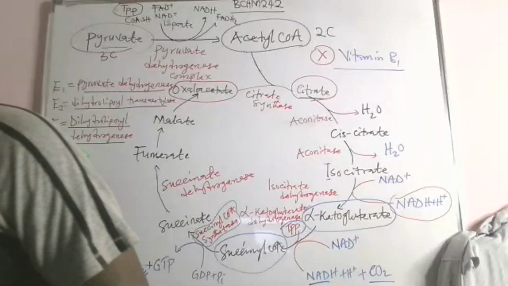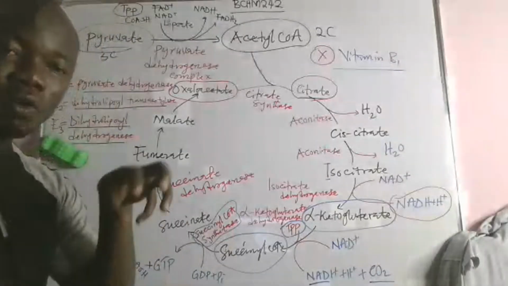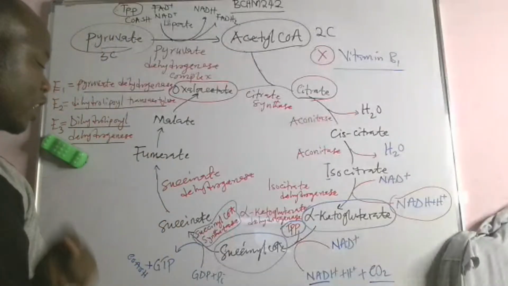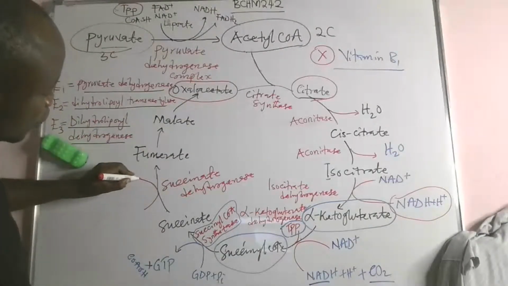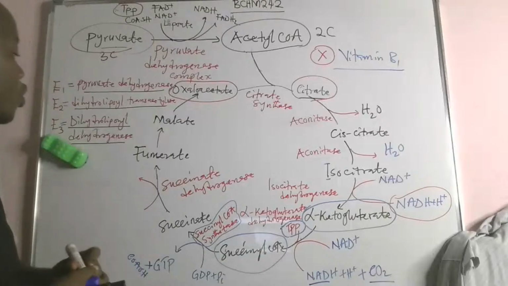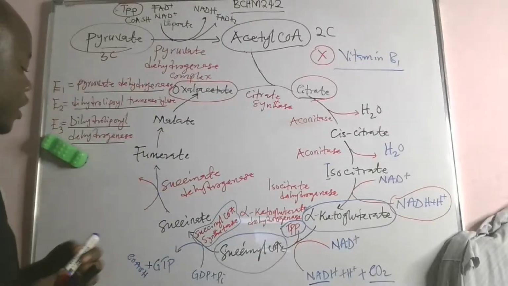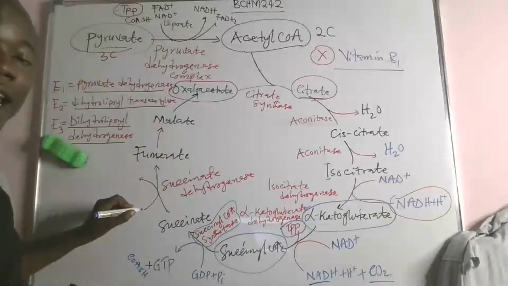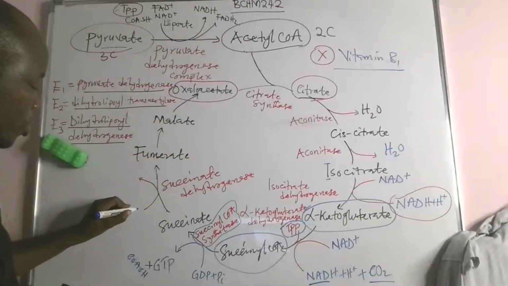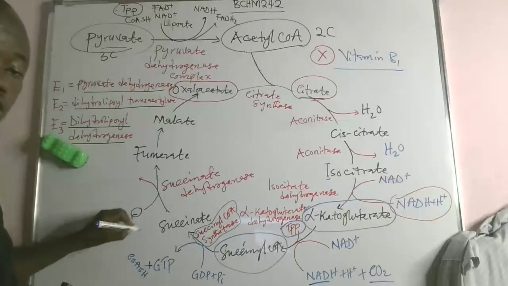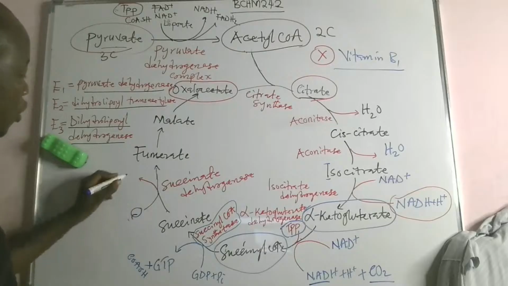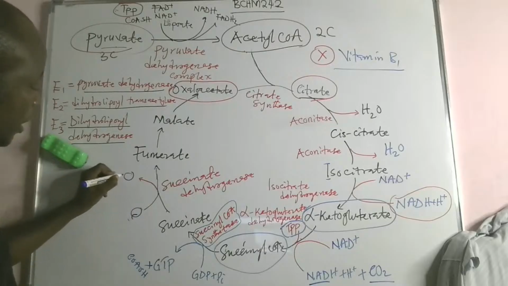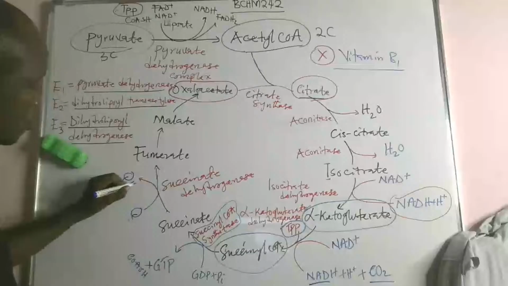But I want to say something also here, very important, that you should never forget, because that is part of the things that we are going to do when we come to discuss the electron transport chain. At this point, the conversion of succinate to fumarate requires the work of an electron mobile carrier, ubiquinone Q. So oxidized ubiquinone will be converted into reduced ubiquinone, that is QH2.